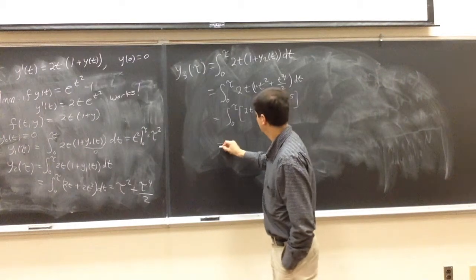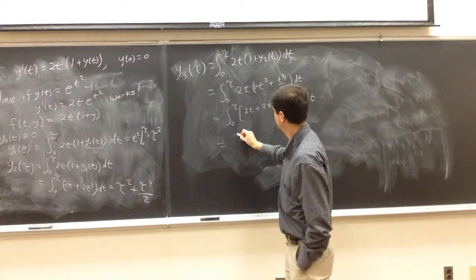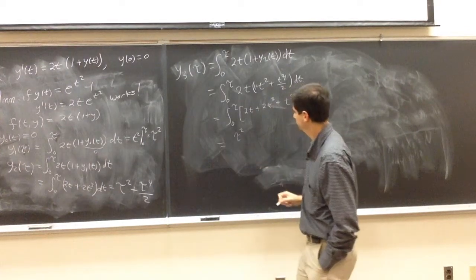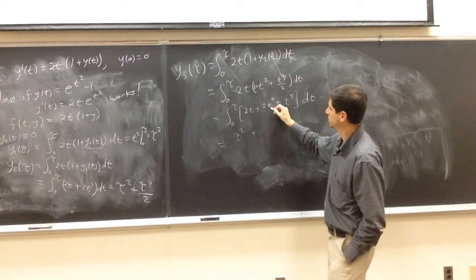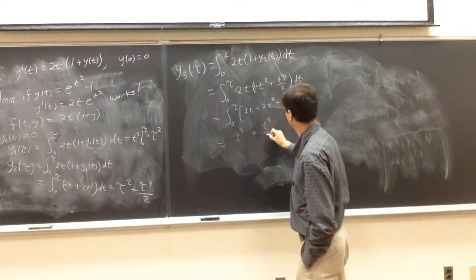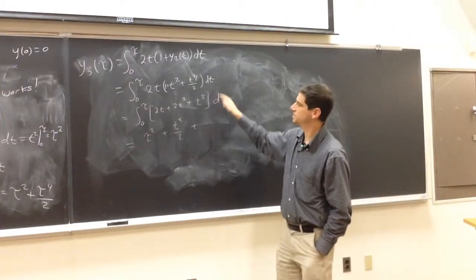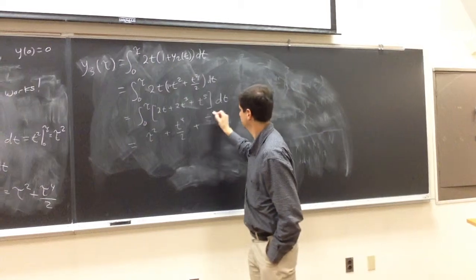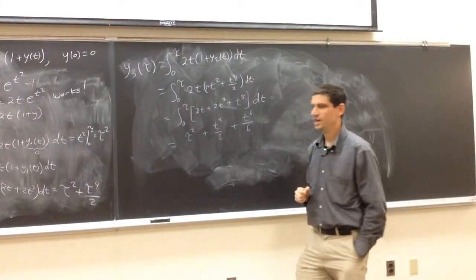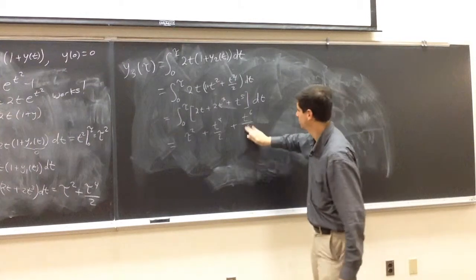Okay, so now when I integrate, this becomes t squared. This one, I'm going to get t to the 4th over 4, so I'm going to get t to the 4th over 2. This one, okay, it's going to work, I'll get t to the 6th over 6. How should I view 6? 3 factorial.